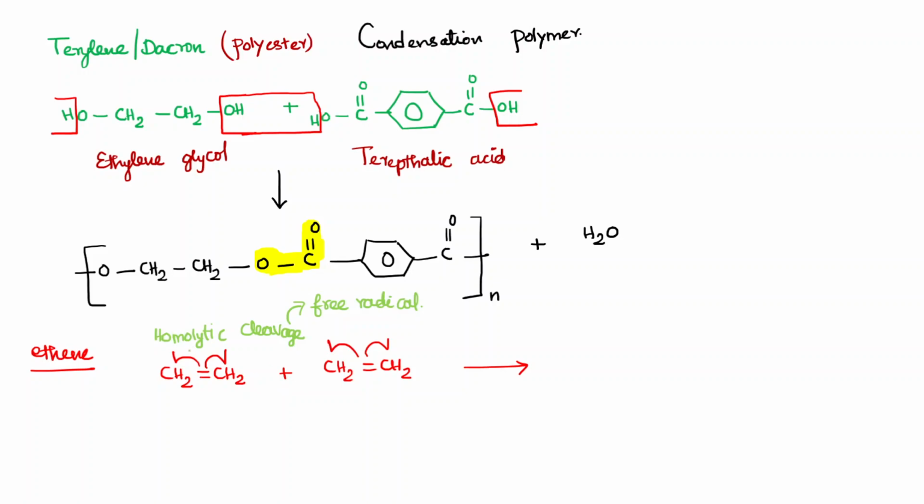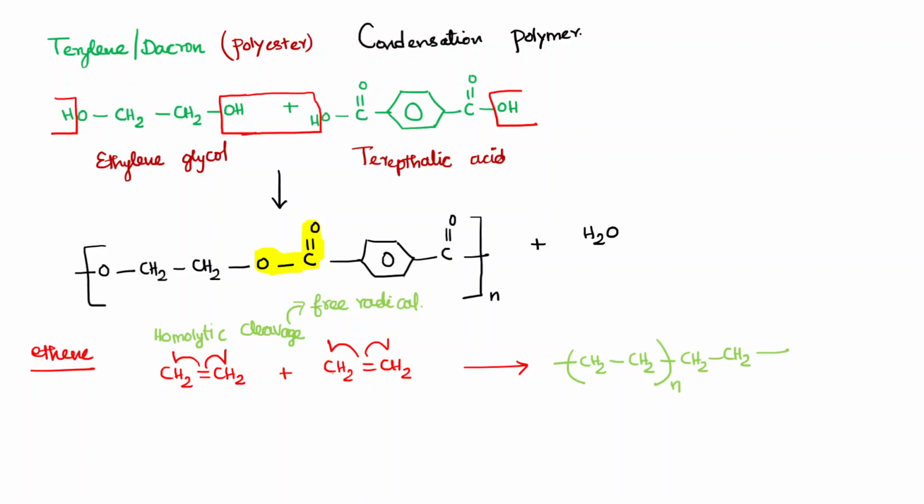Now let us see how this is getting attached. This will create a single bond. All the double bonds will become single bonds now. So this unit is getting repeated. This is what we call n. So this is one time.